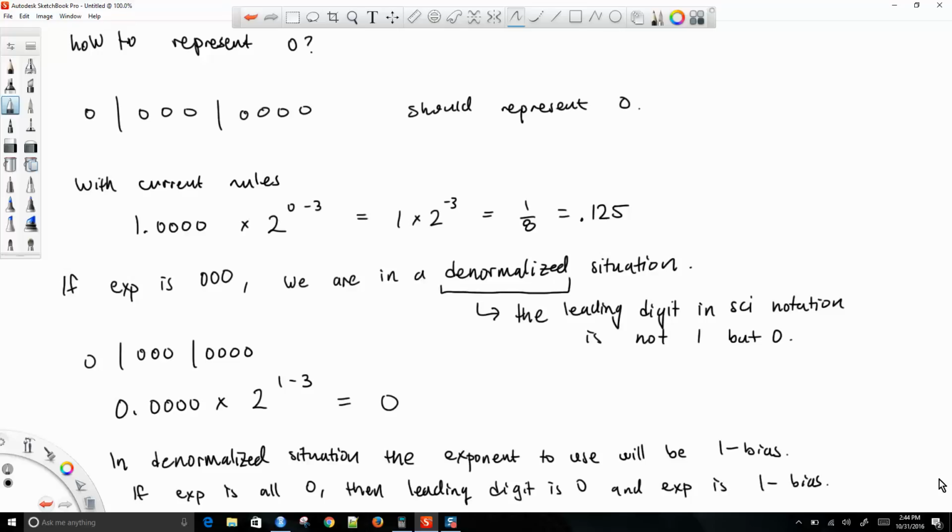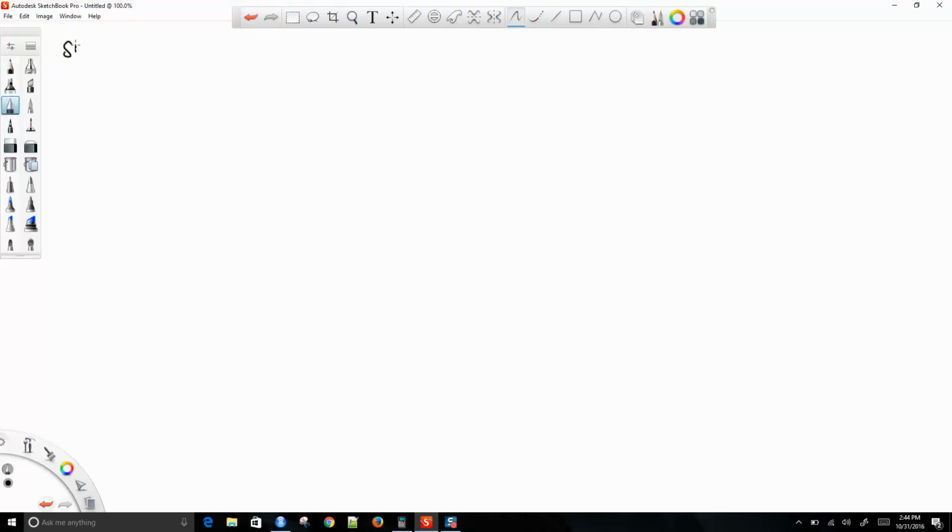So what does this mean on a practical level? Let's take a look. We can represent 0 using all zeros. What will be the smallest non-zero value we can represent? We would have all zeros in the exponent, and then our mantissa would be 0, 0, 0, 1.